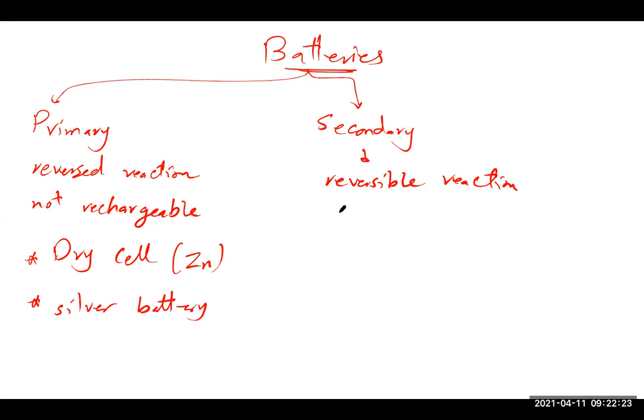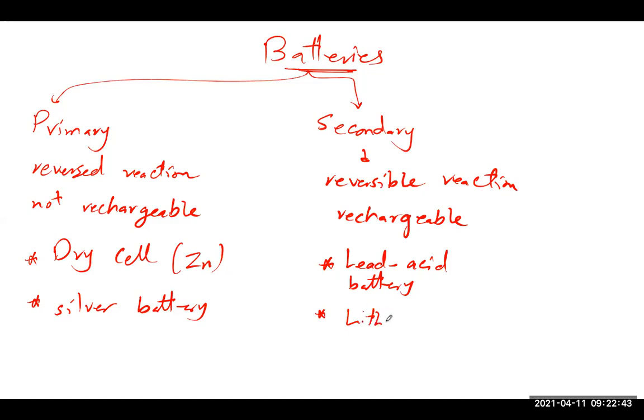This one is rechargeable. We need to know examples for this one, which are the lead acid battery, which is the one used in cars, and the lithium battery, which is used in your laptop.